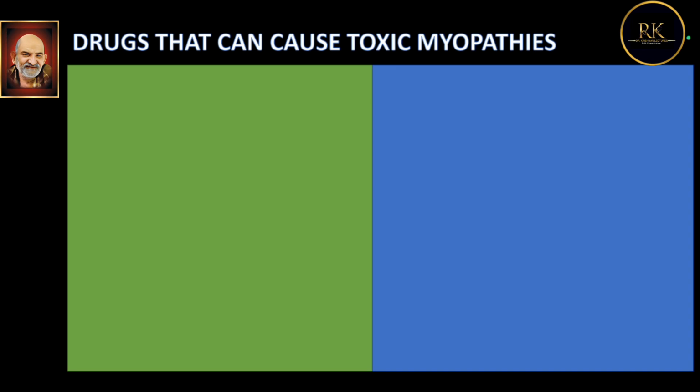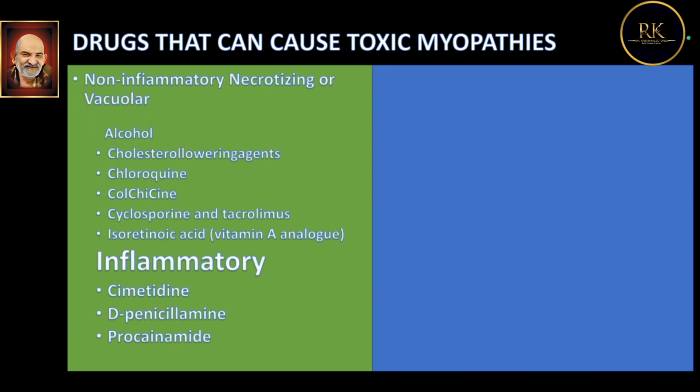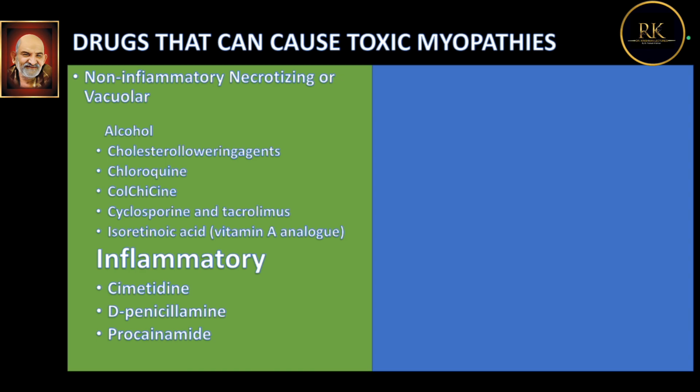Then drugs that can cause toxic myopathies. If the myopathies are non-inflammatory, necrotizing or vascular, it can be because of alcohol, cholesterol lowering agents like statins, chloroquine, colchicine, cyclosporine and tacrolimus, as well as vitamin A analogs, isotretinoin. If the myopathies are inflammatory, the causes include cimetidine, D-penicillamine and procainamide.